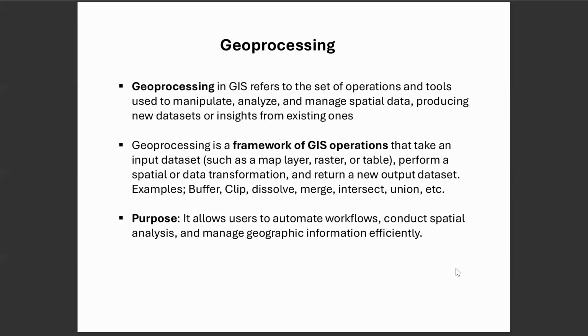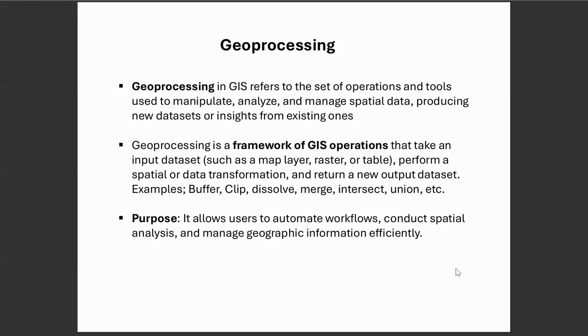So what happens with geoprocessing is that, let's say you have the shapefile of Ghana showing the boundary of Ghana, and you want to undertake a certain geoprocessing analysis. Let's say you want to create a buffer of 100 kilometers around Ghana. When you use the Ghana shapefile to create that buffer, in the end, what is going to be returned is not going to merge with the existing layer.